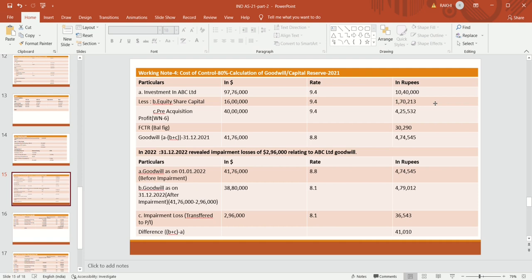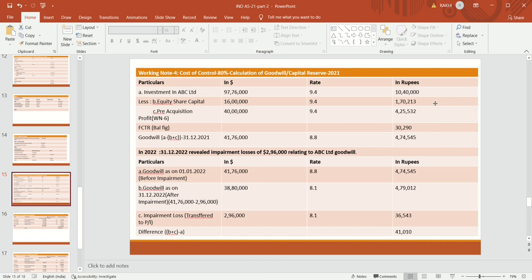So the FCTR will be 30,290. Then we will recalculate the goodwill at the end of the year by taking the year-end rate, which gives rise to the foreign exchange fluctuation, and that difference is recognized in the FCTR.